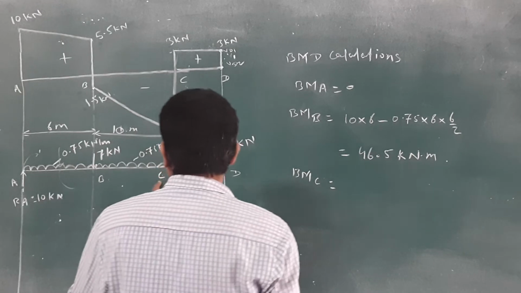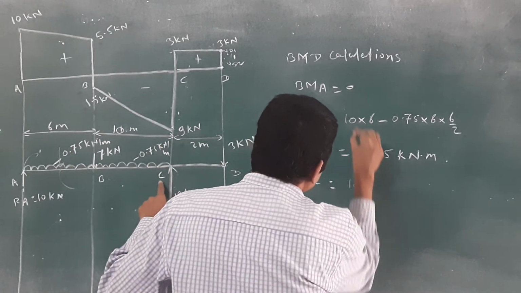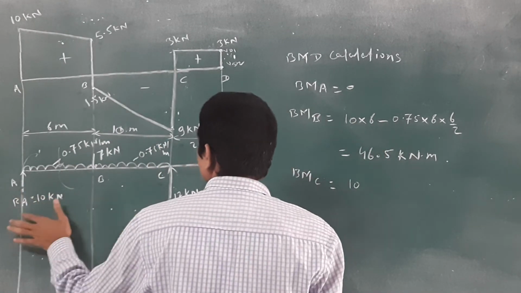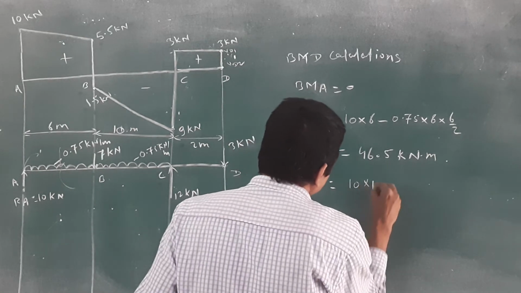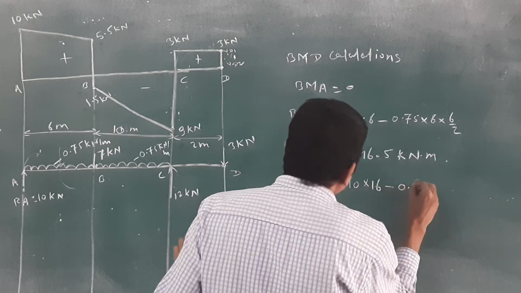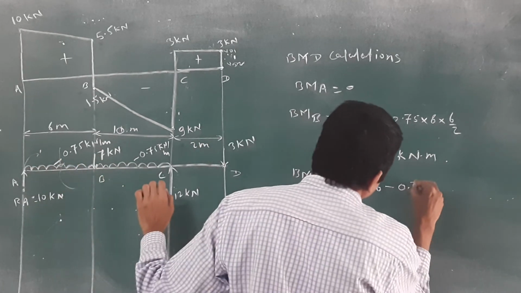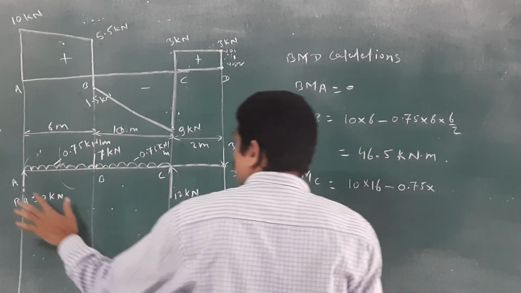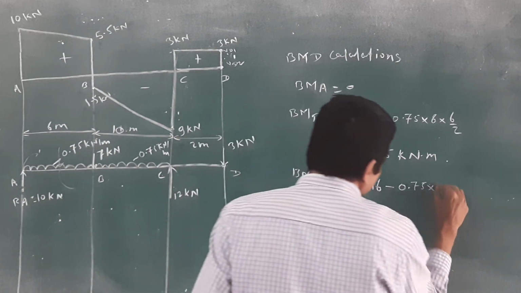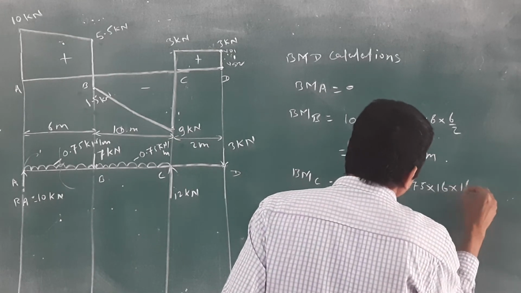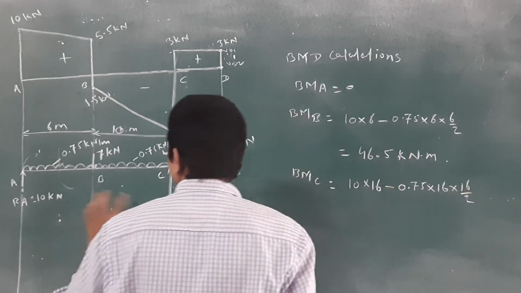Check that. Where is the C? Here. Then again 10 into what? Up to the A to C distance, 16. I will consider the total A to C UDL here. Okay, 0.75 into total distance A to C, 16, into, where is that? At the CG, 16 by 2.